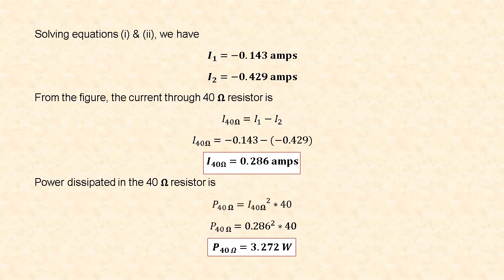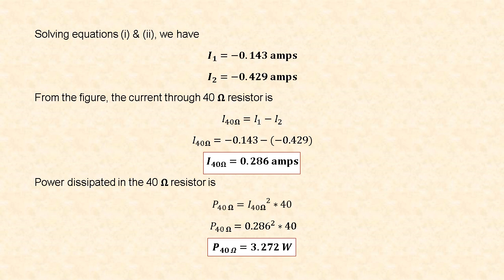Solving equations 1 and 2, we have I1 is equal to minus 0.143 amps and I2 is equal to minus 0.429 amps. These are the mesh currents or loop currents. Now, the current through the 40 ohm resistor can be calculated as I 40 ohm is equal to I1 minus I2.